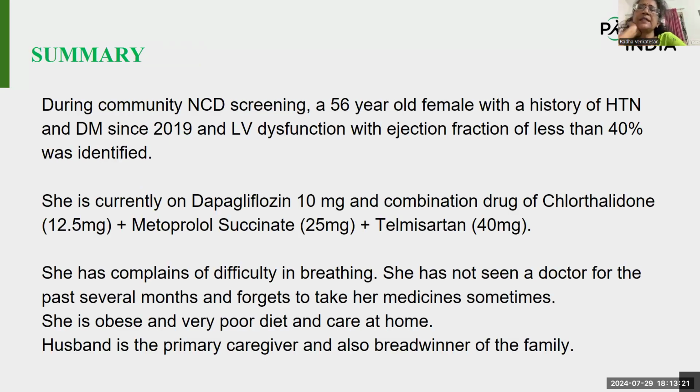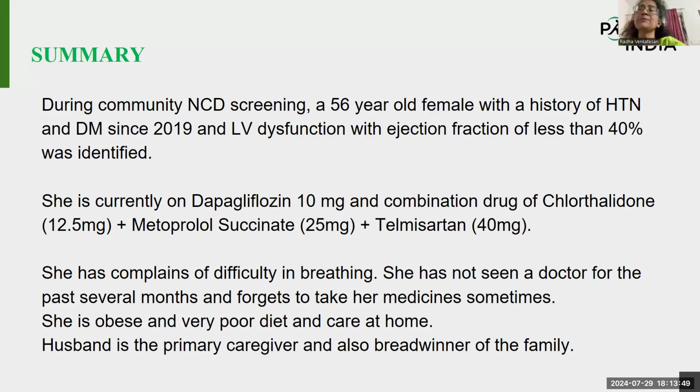In summary, a non-communicable disease screening was done, and in that screening she was picked up: a 56-year-old female with a history of hypertension and diabetes. See, this is very common, because where livelihood itself is so difficult, many people think, if I see a doctor, they'll tell me something and that will add to my living cost, so I don't want to see. That's a common attitude.